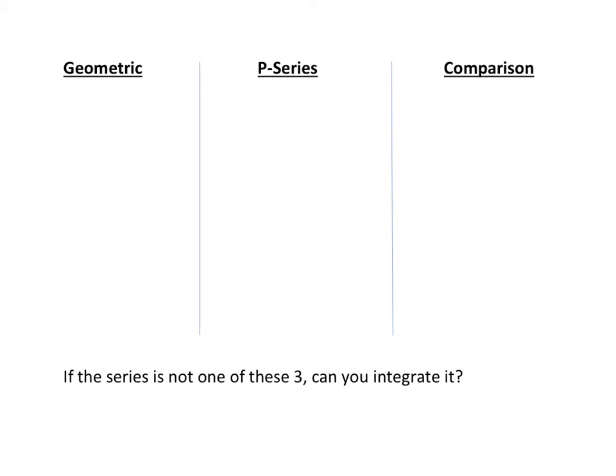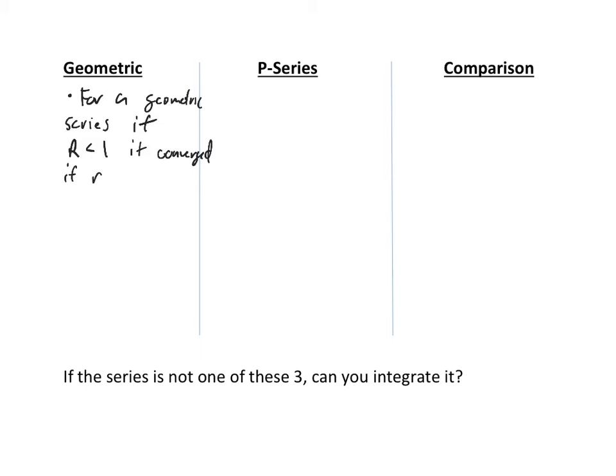So let's say you're looking at some series and you determine that it's geometric. If it's geometric, it's very simple. For a geometric series, if the common ratio r was less than 1, it converged.